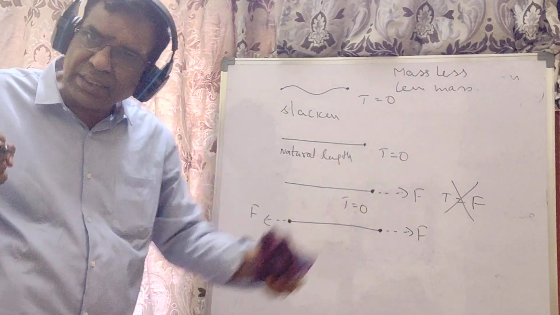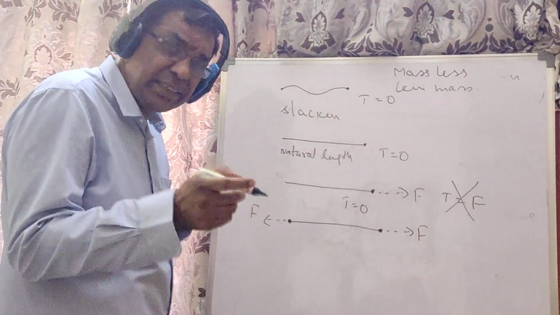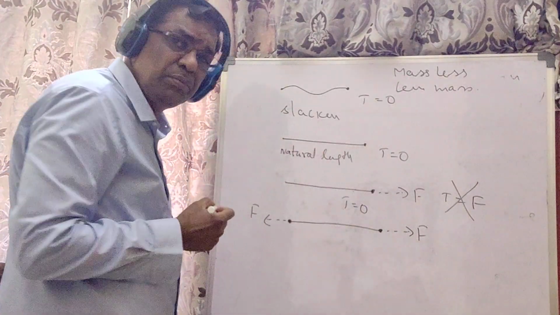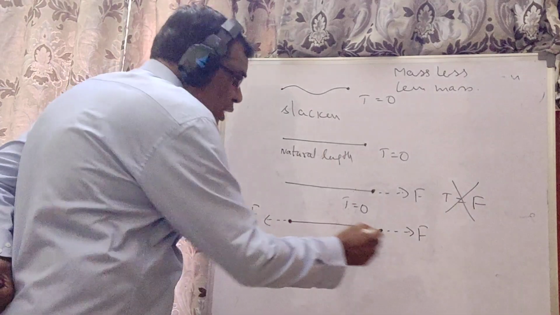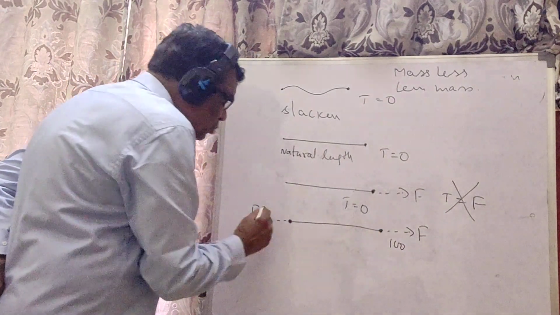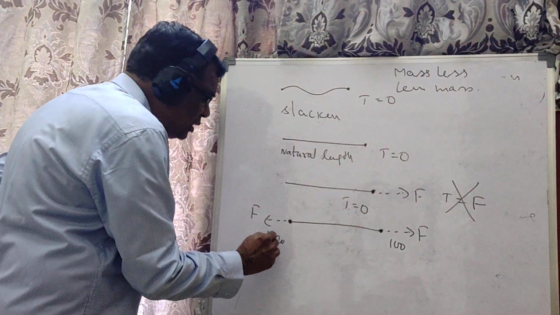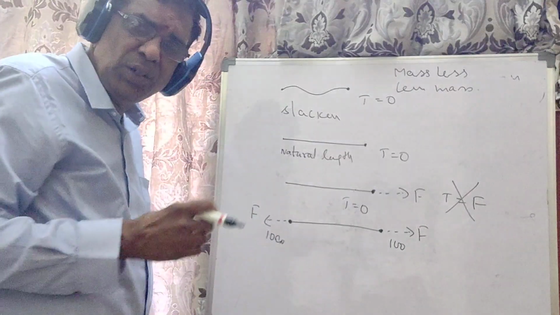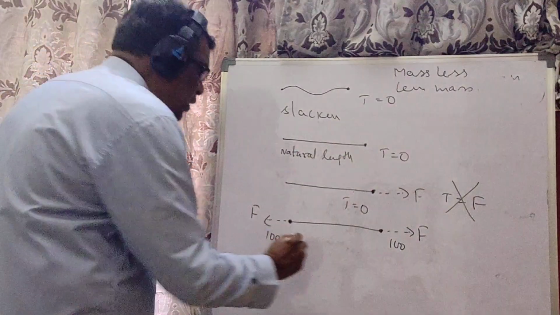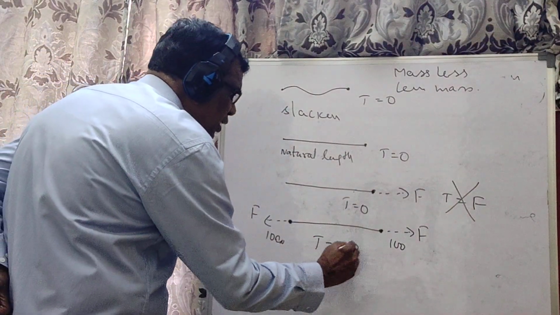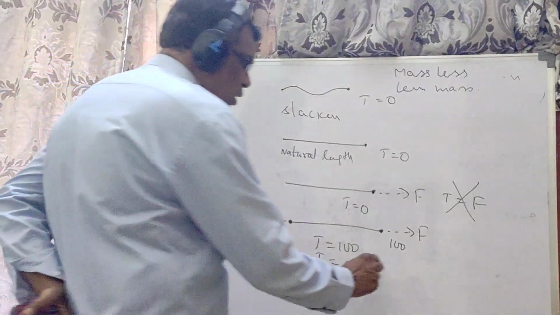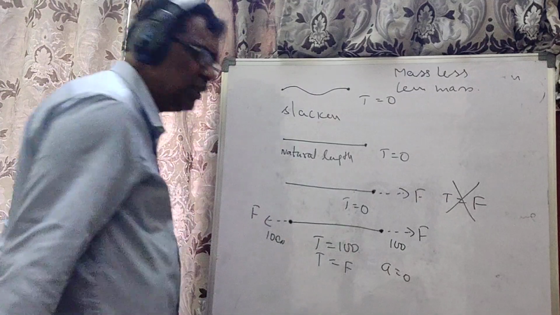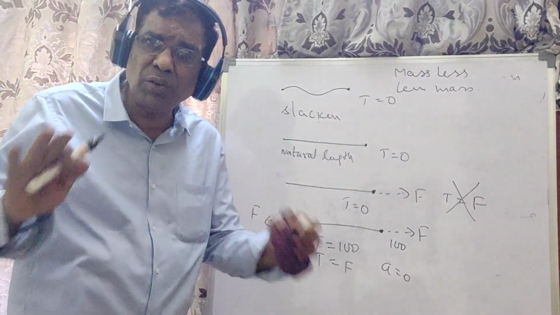It's not able to stretch. But how much of an attempt to stretch is made? In the earlier case, no attempt to stretch is made. That's why tension is 0. Here, if I am applying 100 newtons and 100 newtons on the other side, then all 100 is used to stretch unsuccessfully. Therefore T is 100, or T is equal to F. Obviously your acceleration is 0 because net force is 0.